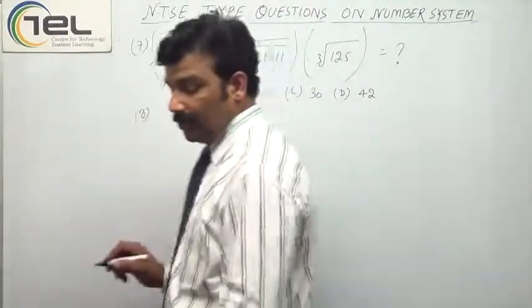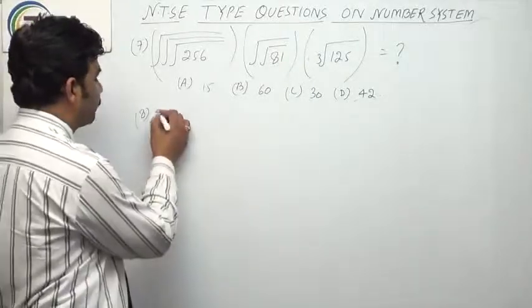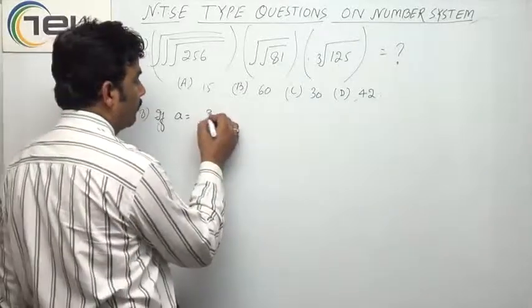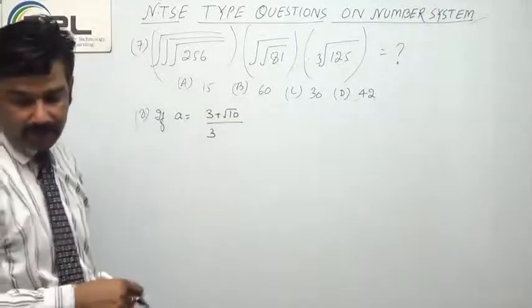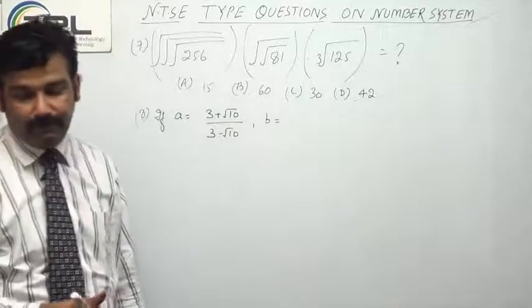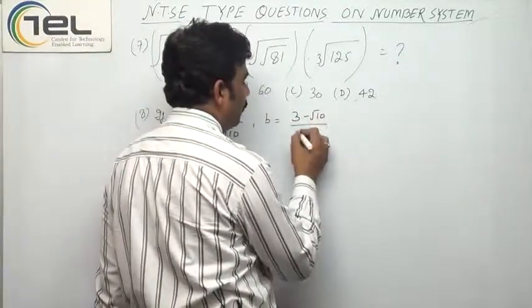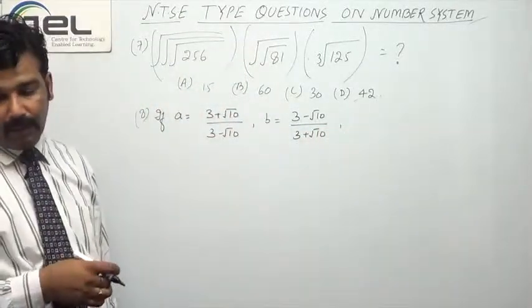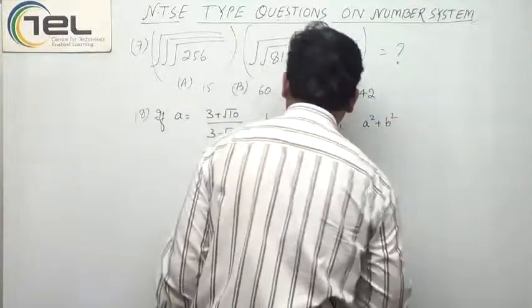I will also give you the 8th question. Question number 8. If A equals 3 plus root 10 upon 3 minus root 10, and B equals 3 minus root 10 upon 3 plus root 10, find A square plus B square.